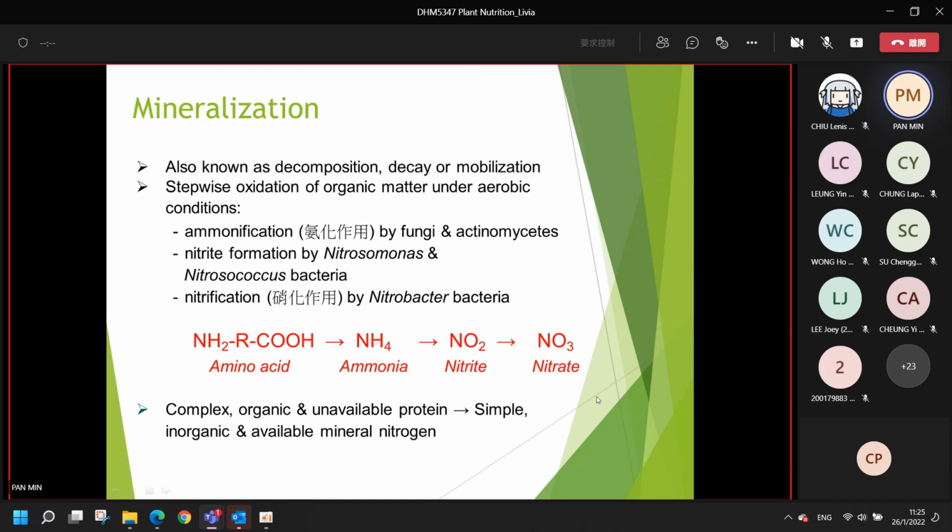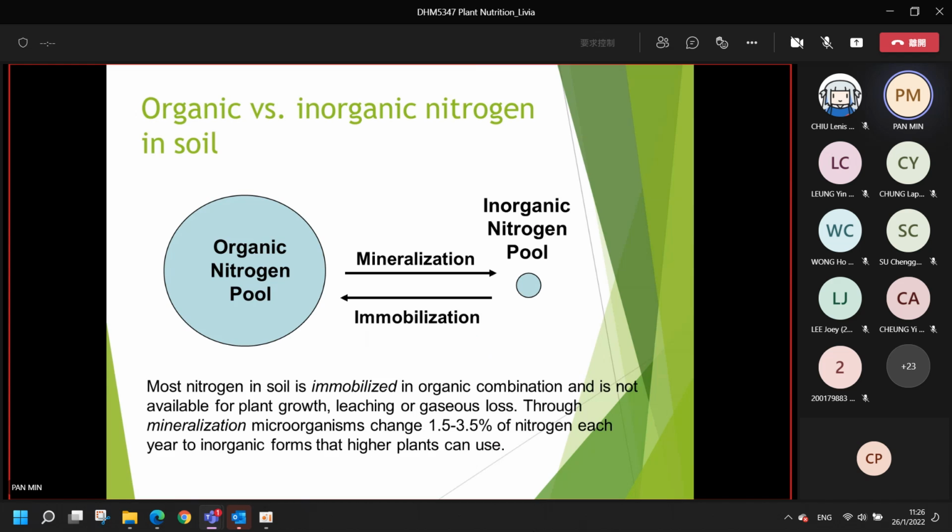Nitrite and nitrate are the most important nitrogen forms in the plant, and they turn the complex organic and unavailable protein into simple inorganic, available mineral nitrogen, which increases the soil fertility that can be provided for plant growth.